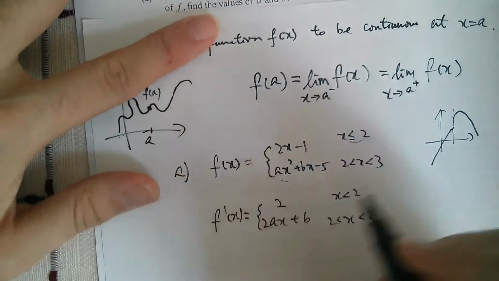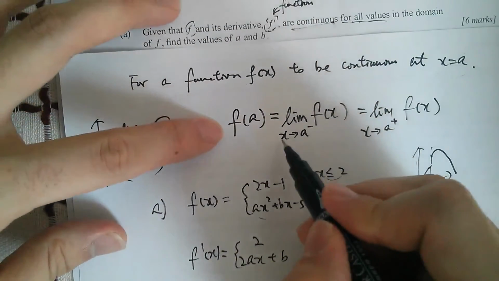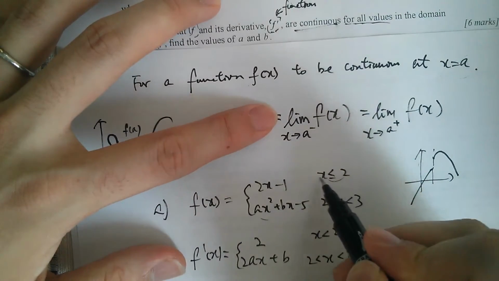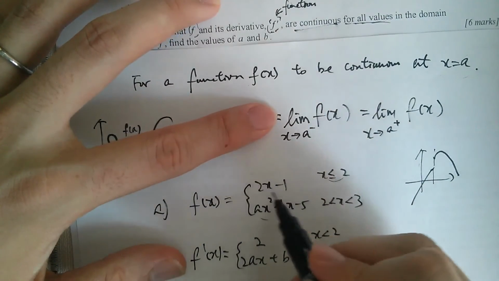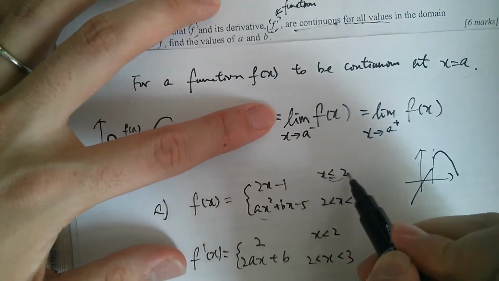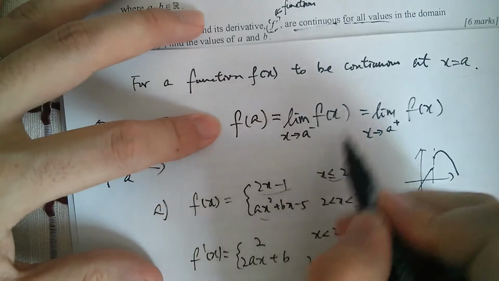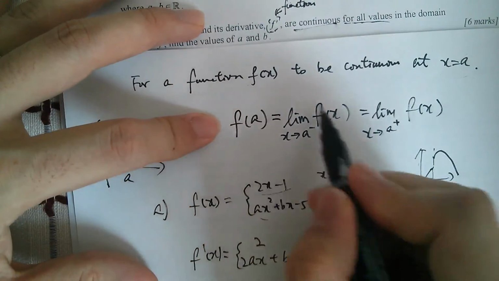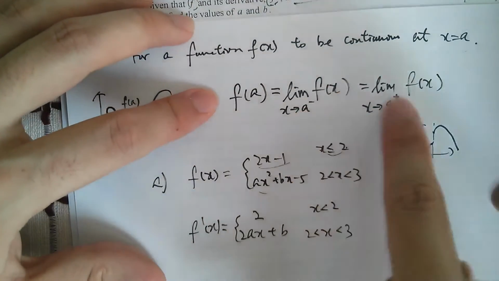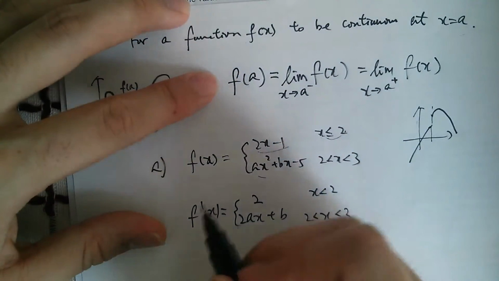For f(x), for the left-hand limit, when x is smaller than or equal to 2, we'll just do this. That means when x is smaller than 2, we do this. When x is equal to 2, we also do this. So these two parts would really agree, because for the left-hand side they follow the same thing. So the only problem is the right-hand side, right?